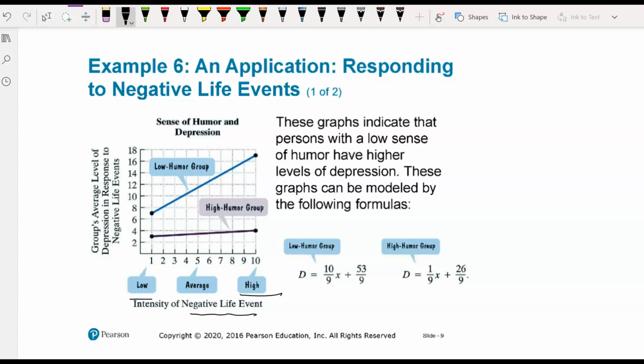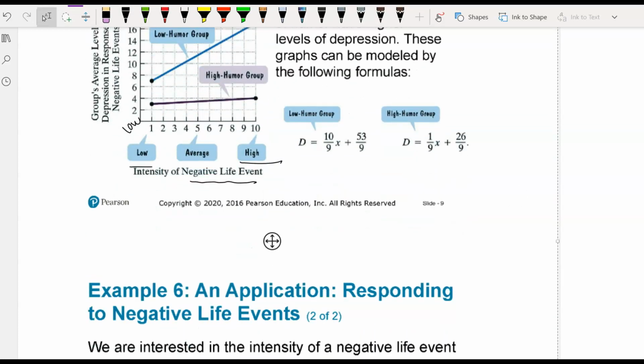So this would be high depression and low. So we're looking at the equations. They made an equation.